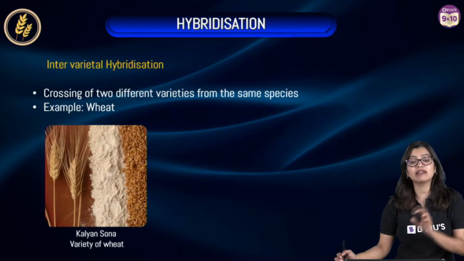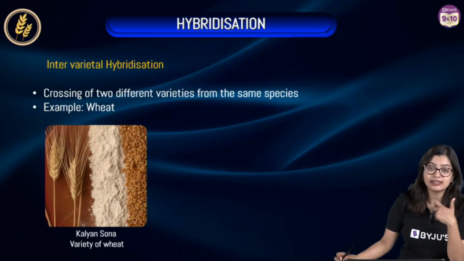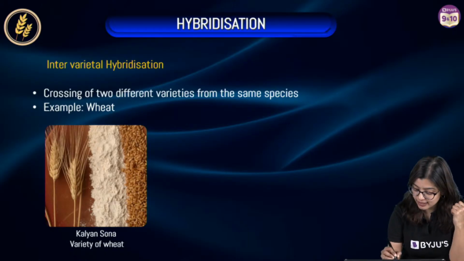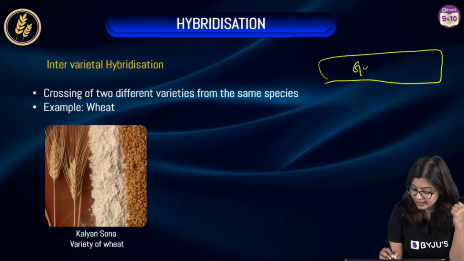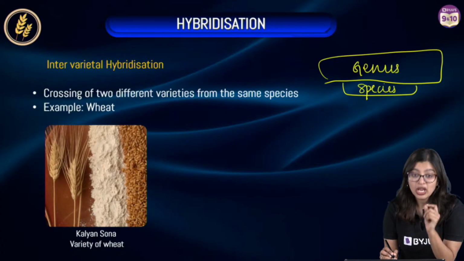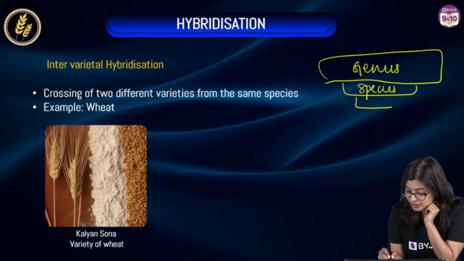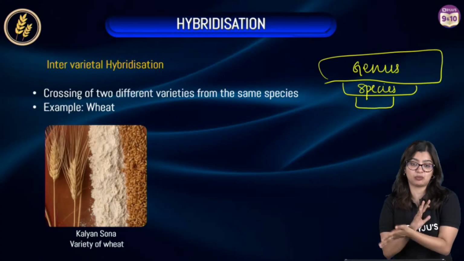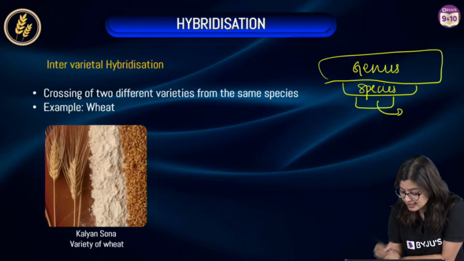First we have intervarietal. What is intervarietal? We have genus level, species level, and plant variety. A plant variety is one that exists within the same species.